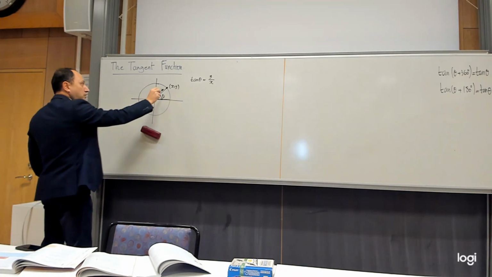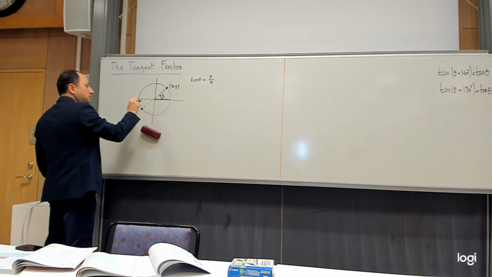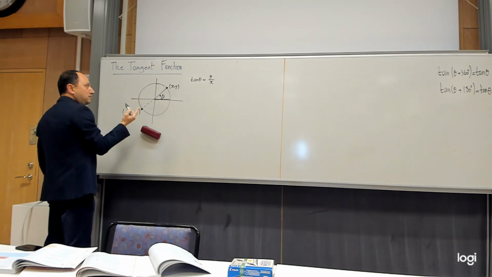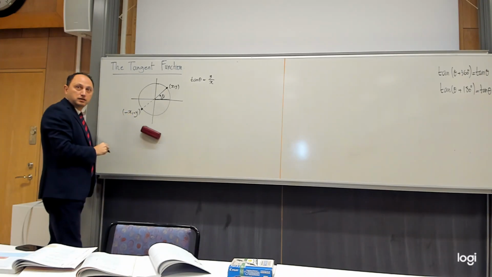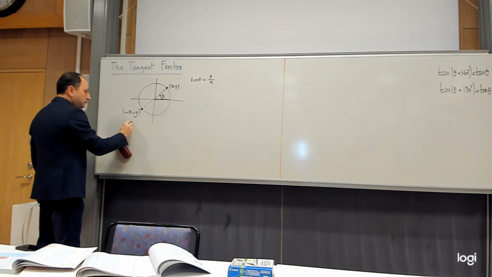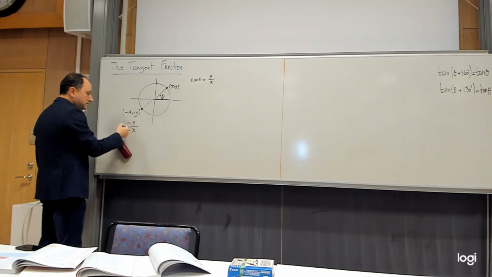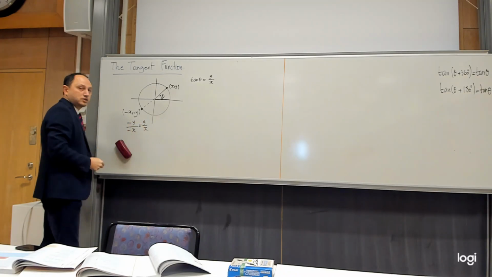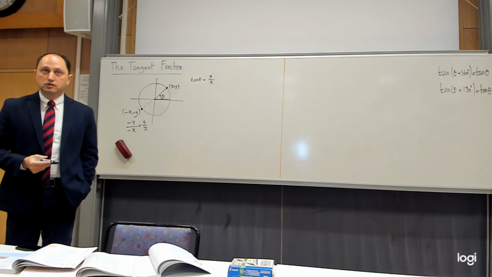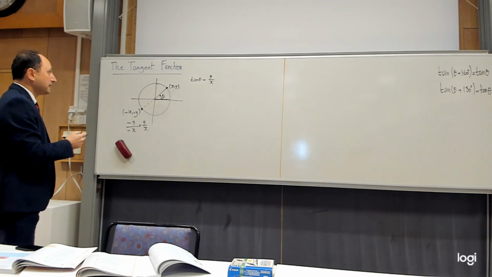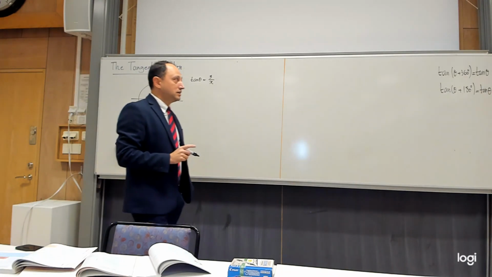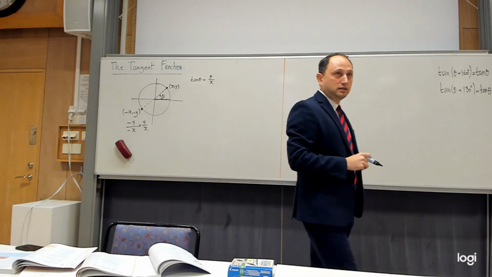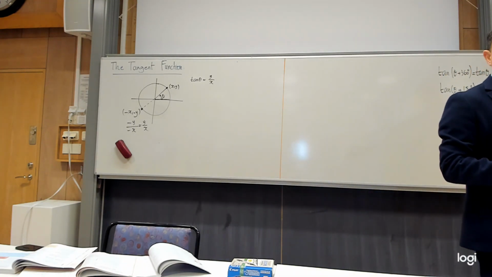Instead of reaching the same point, you reach here, but are the coordinates the same? No. The coordinates would be minus x and minus y. But then again, when I divide them, the minus signs cancel. I will get back to the same value. So the period of tangent is not 360 degrees, it is 180 degrees. Is that clear? Yes.